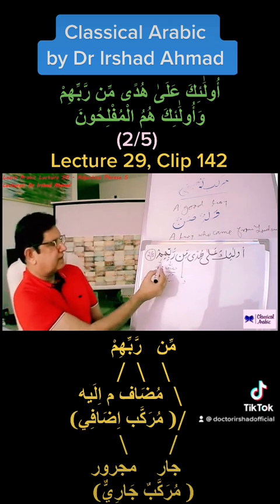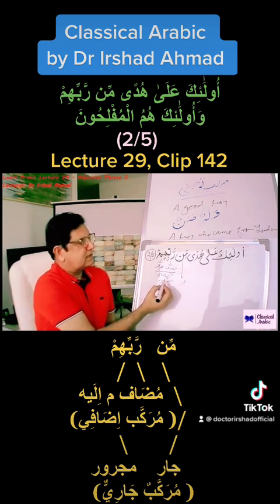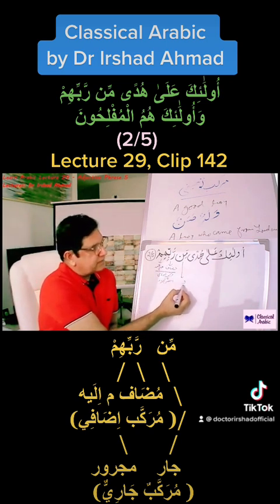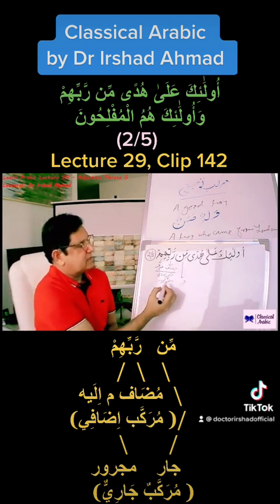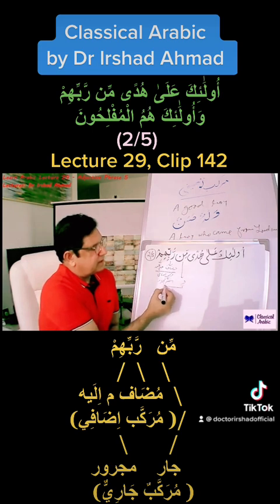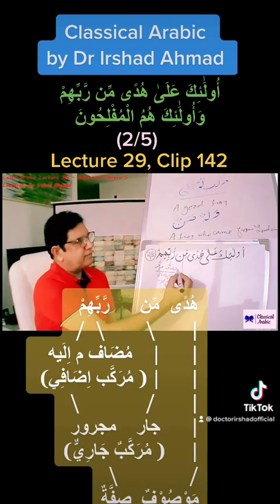So murakkab idafi, the whole of the murakkab here is in the state of jar. It is majroor because of this preceding harf jar. Now this jar and majroor combine to make murakkab jari. We know that. Okay, so murakkab jari, how is that related to the noun before it?